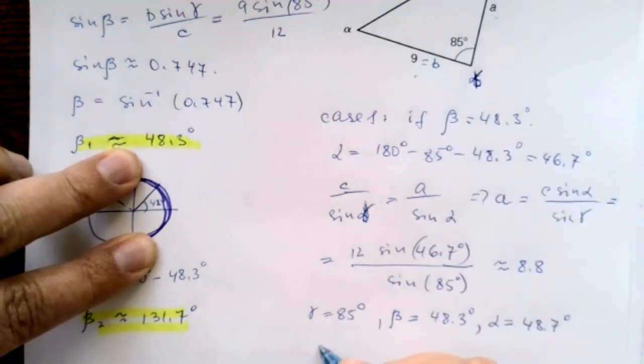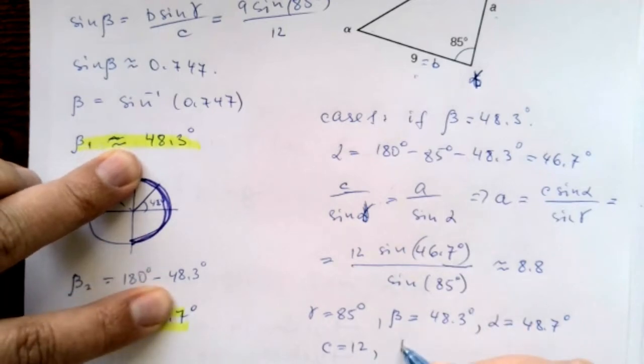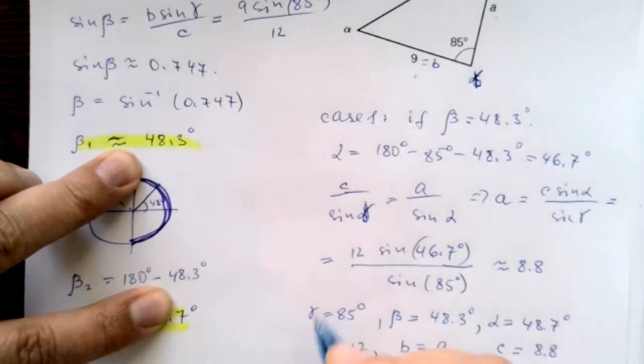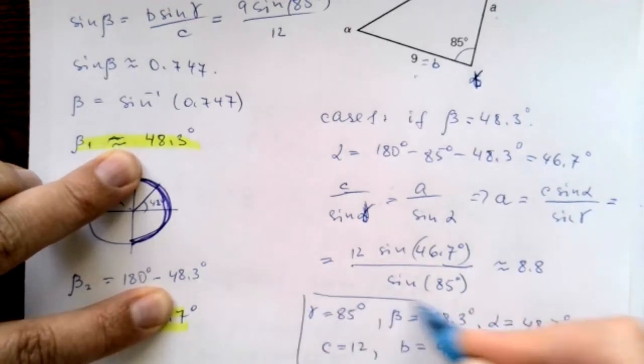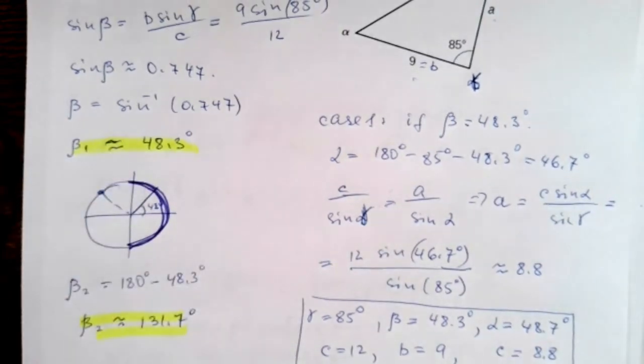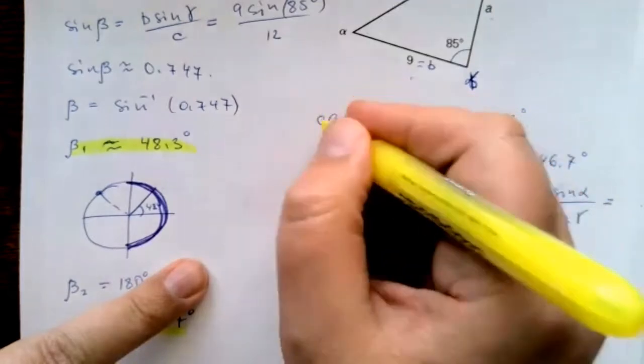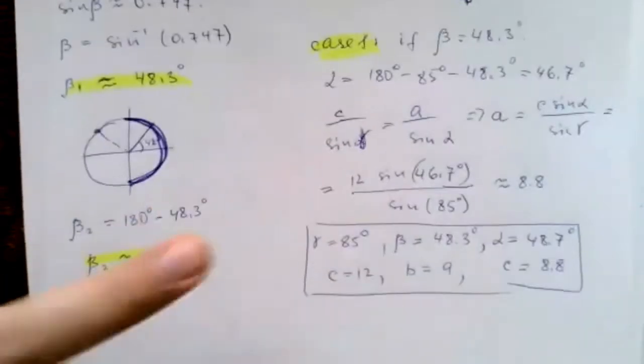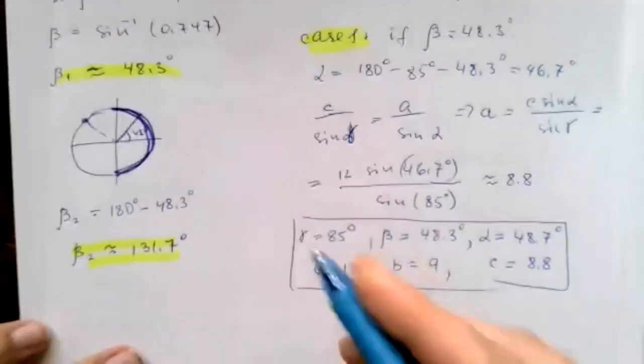We have side C is 12, side B is 9, and side A is 8.8. So that's our first triangle. That's for case one. Let's take a look at case two.